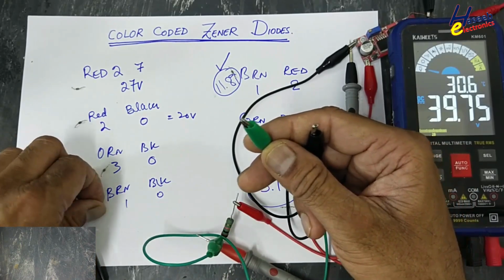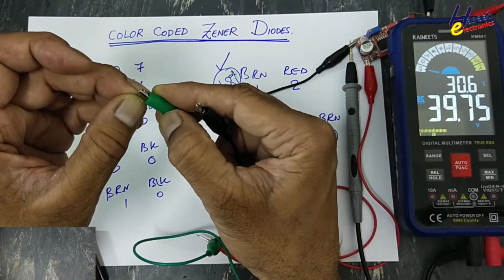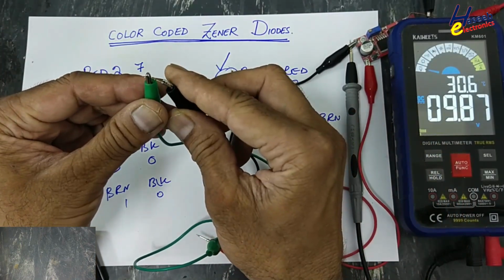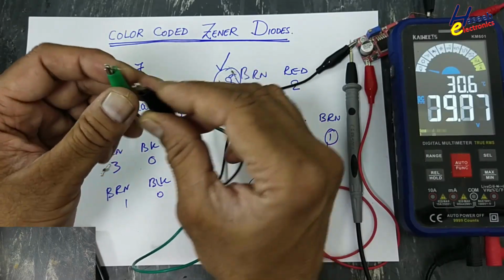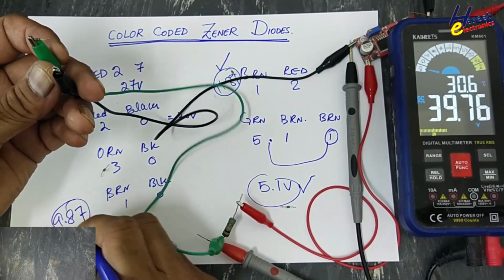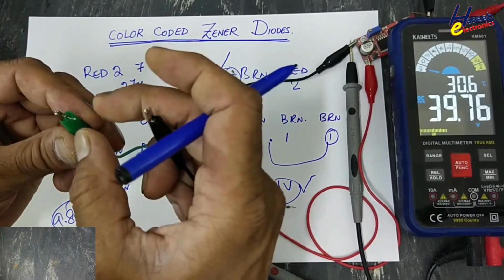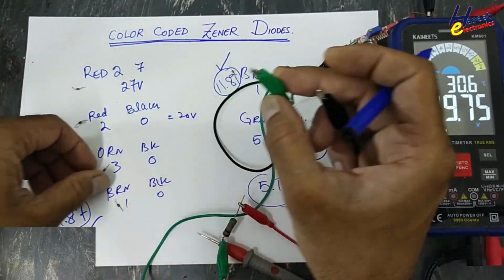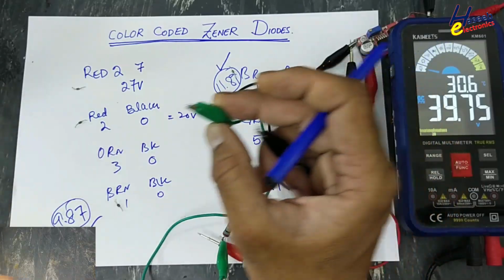Brown black, 10 volt Zener, 9.87. 9.87, that means the code is good. Then we have orange black.